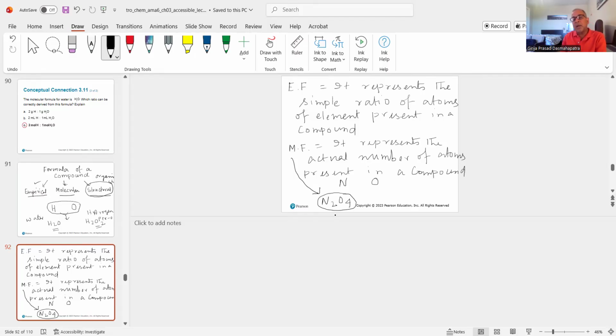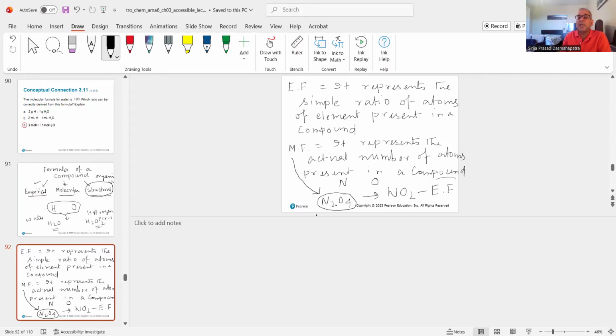But if we look at the number of nitrogen and oxygen atoms, 2 and 4 have a common factor. What is that common factor? 2. So if you divide these two numbers, 2 and 4, by the common factor 2, this will be N1O2, or NO2. And this is called the empirical formula.